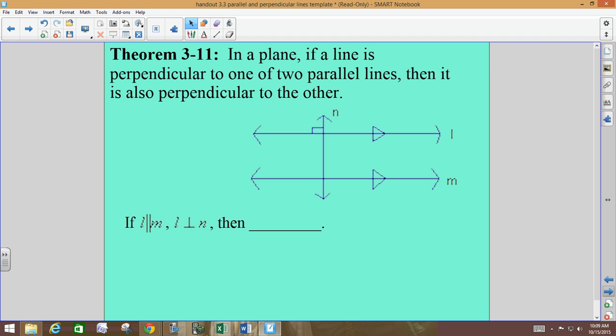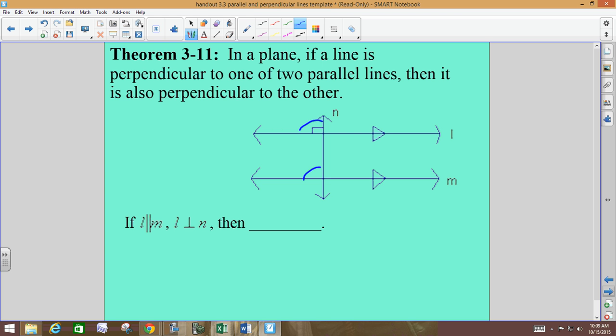All right, and then this last one, 3.11. In a plane, if a line is perpendicular to one of two parallel lines, then it's perpendicular to the other. So L is parallel to M, and L is perpendicular to N. So they make this right angle. These two lines are parallel, and N is my transversal. What kind of angles are these two? Right angles, but how would I classify them? Corresponding.